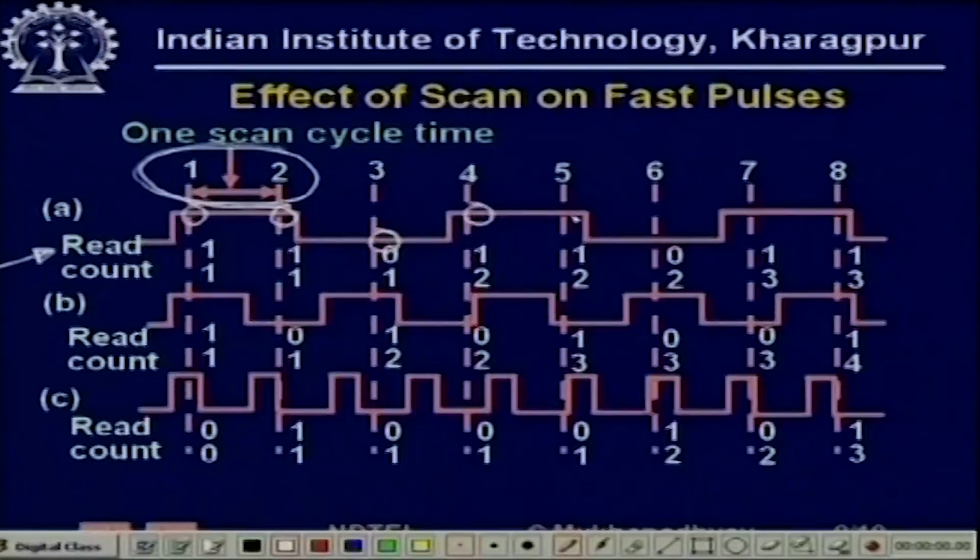So, we are essentially going to count the number of pulses by counting the number of level transitions. So, then our count is going to be correct, and if we compute the speed based on that, the value of speed we get is going to be correct, and so will be our control.